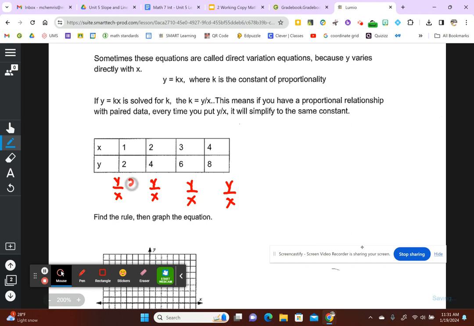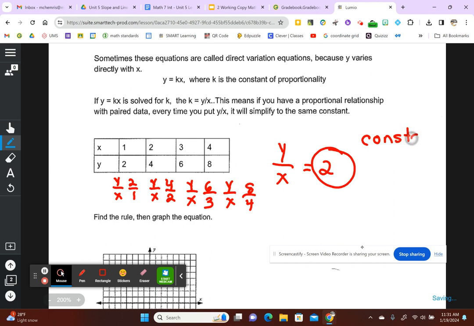So in this case, 2 over 1 equals 2, 4 over 2 equals 2, 6 over 3 equals 2, and 8 over 4 equals 2. So since every time I put y over x, it equals 2, 2 is the constant of proportionality. And this does represent a proportional relationship.